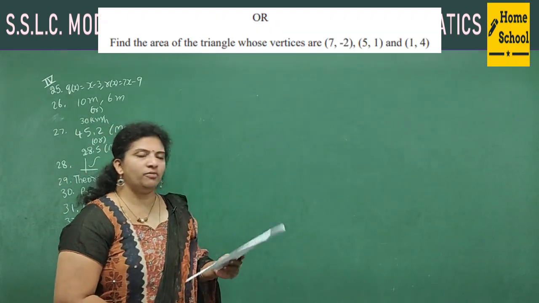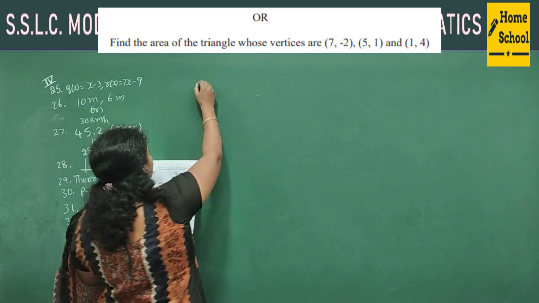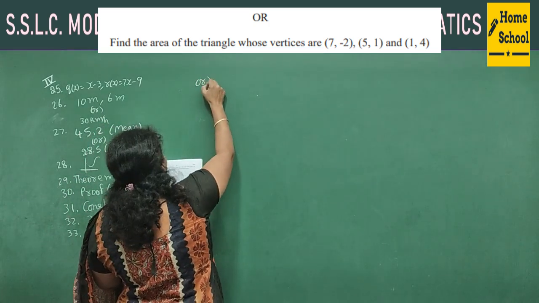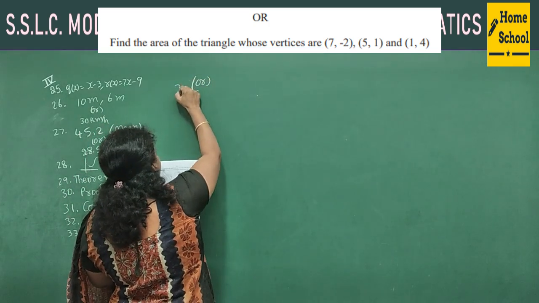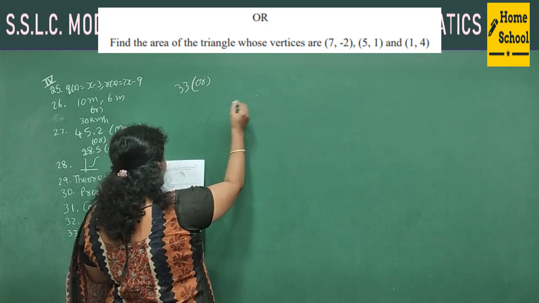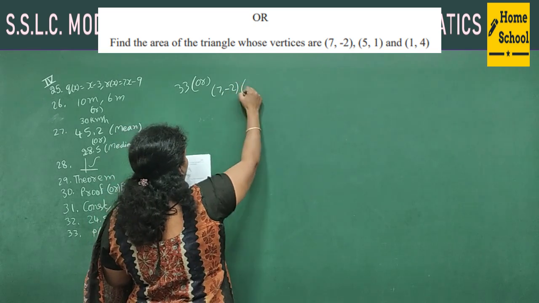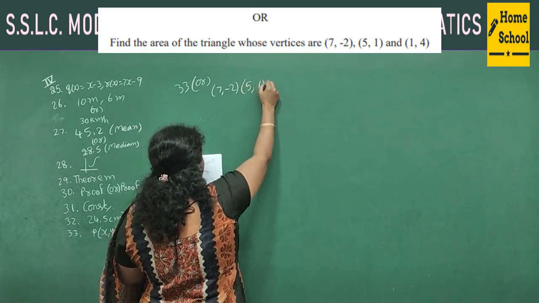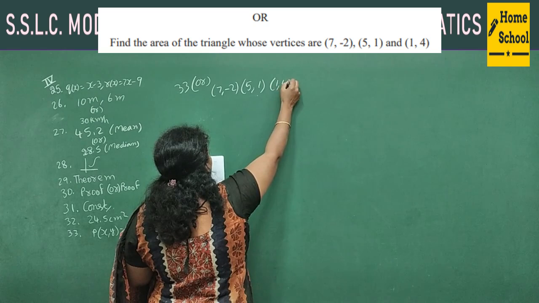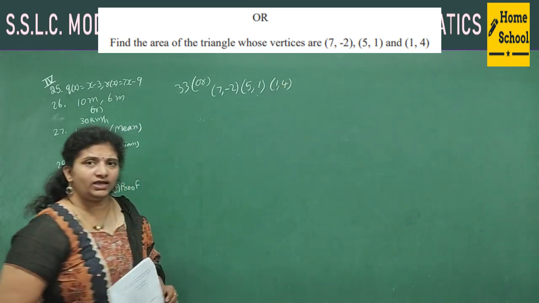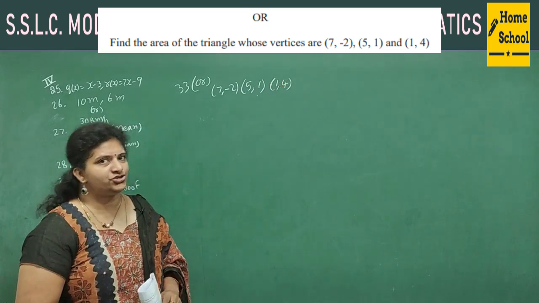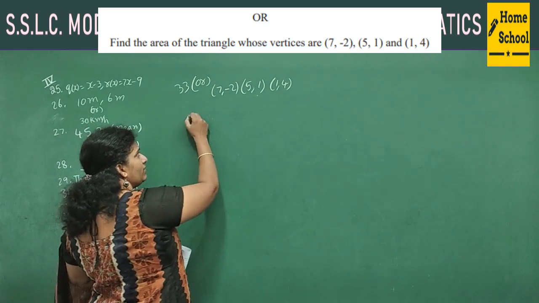So in this problem you have one more OR question, that is find the area of the triangle whose vertices are (7, -2), (5, 1) and (1, 4). What are we going to find? We are going to find the area of the triangle. So do you remember the formula?